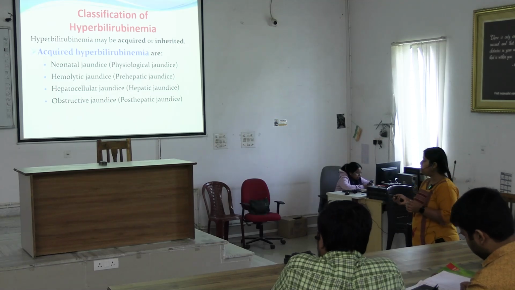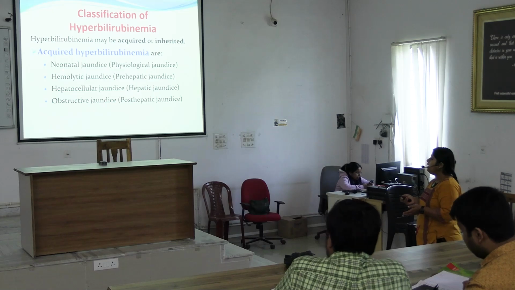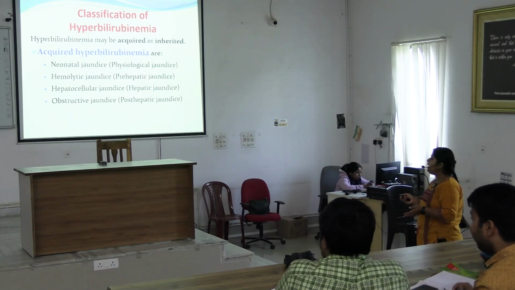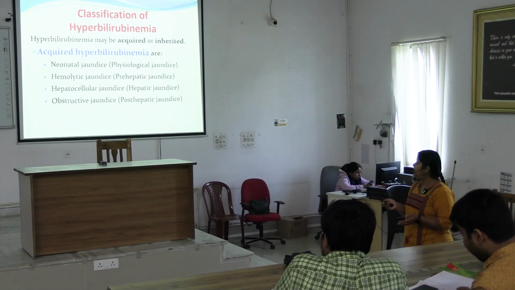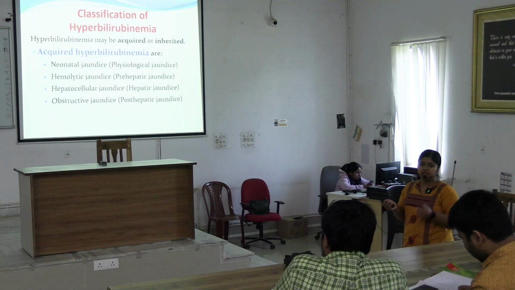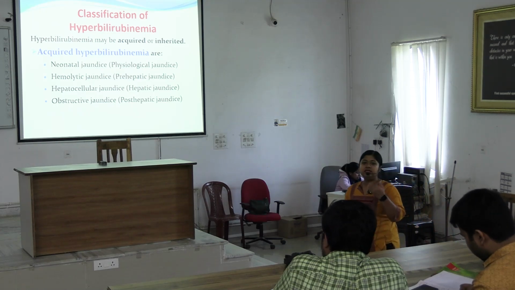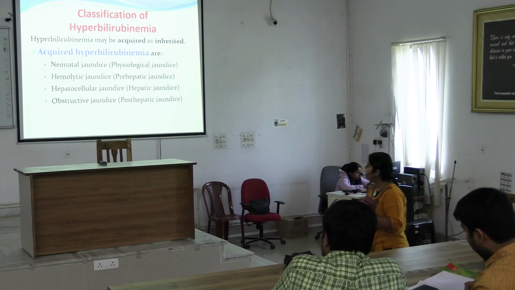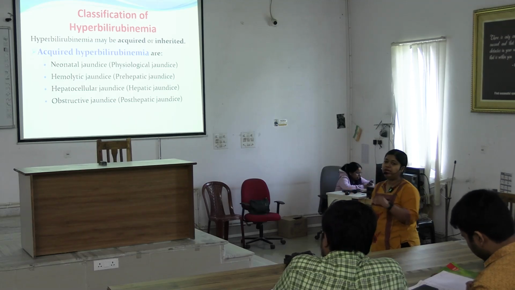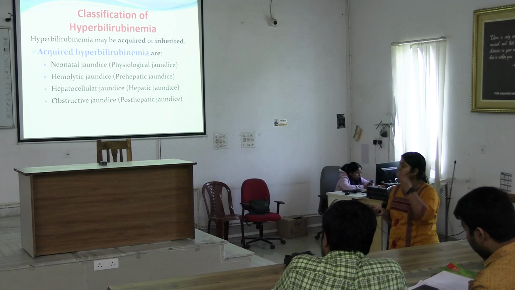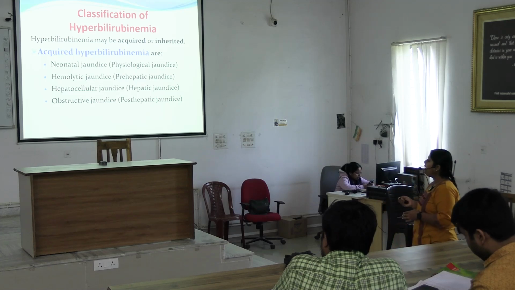We will discuss it in detail. Hemolytic jaundice, that is prehepatic jaundice. Why is hemolytic jaundice prehepatic? Because hemolysis occurs in the circulation before coming to the liver. Wherever there is hemolysis or breakdown of RBCs, that is prehepatic.